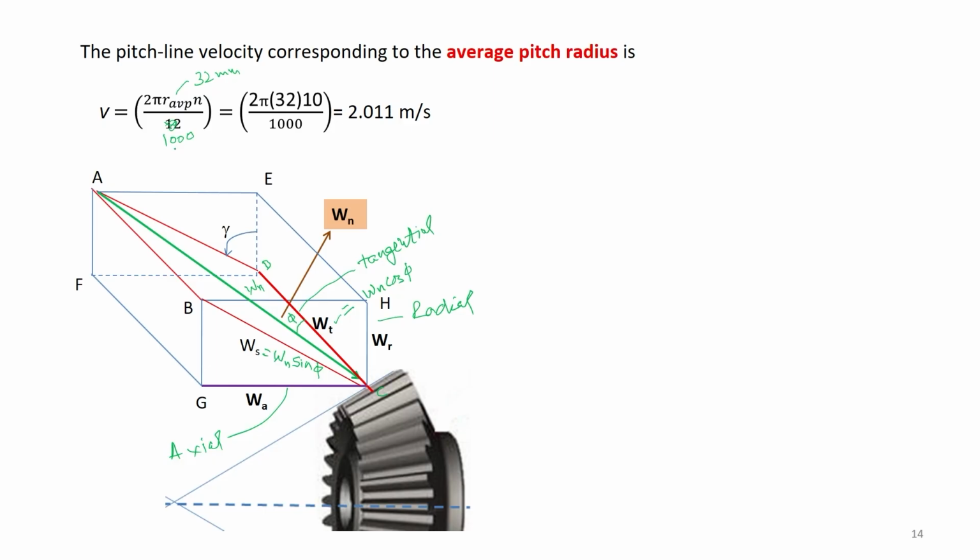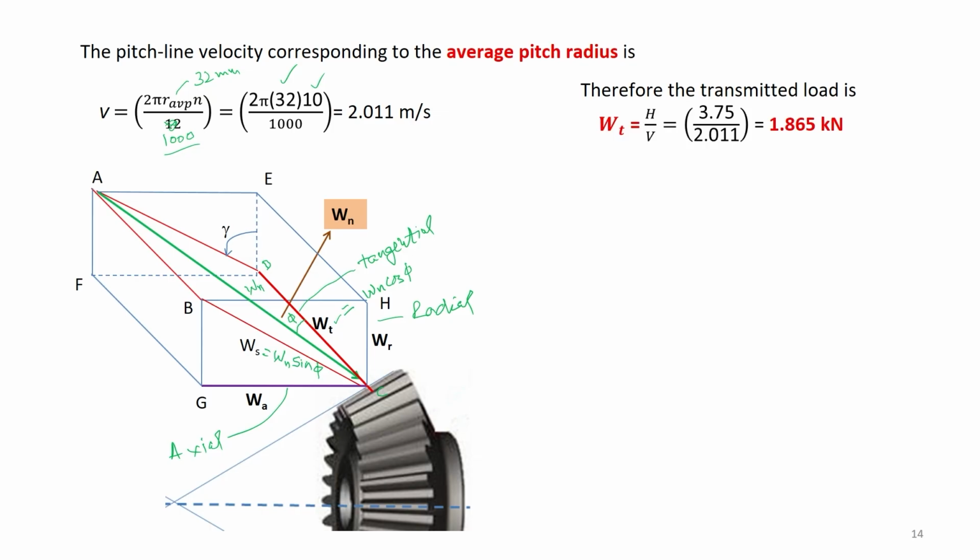To convert it into meters, we are dividing it by 1000. So, substituting the average pitch circle radius of the bevel gear as 32 and the RPS as 10, we got the pitch line velocity as 2.011 meters per second. Therefore, the transmitted load is the power which you want to transmit divided by the pitch line velocity. Substituting the power, given in the problem as 3.75 kilowatts, we got Wt as 1.865.